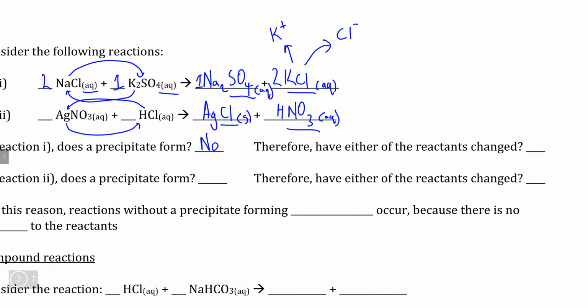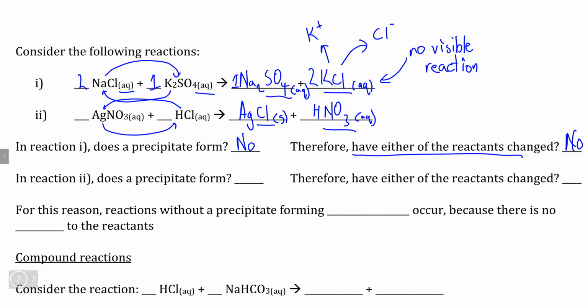Because we don't actually get a solid precipitate that forms, the ions that have separated in the reactants are going to stay separated in the products, which effectively means that neither of the reactants has changed, and therefore that we are not going to see a visible reaction if we do not have a precipitate.